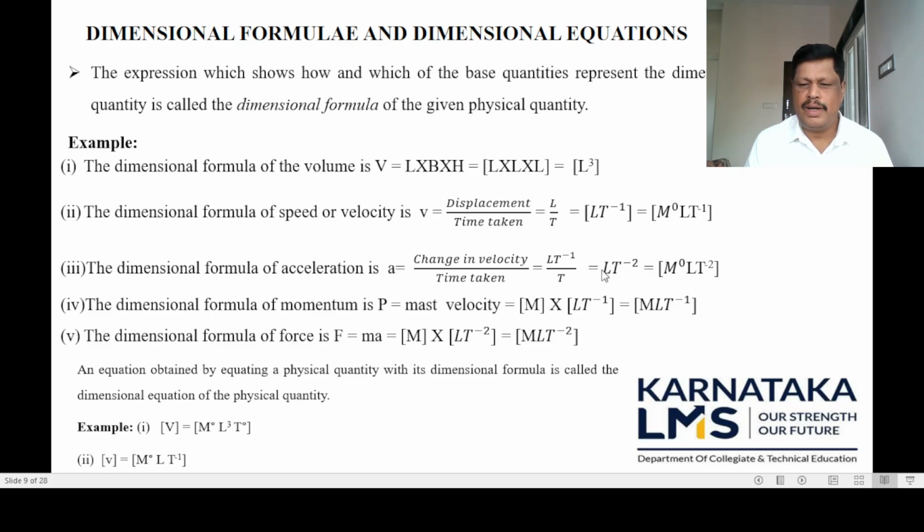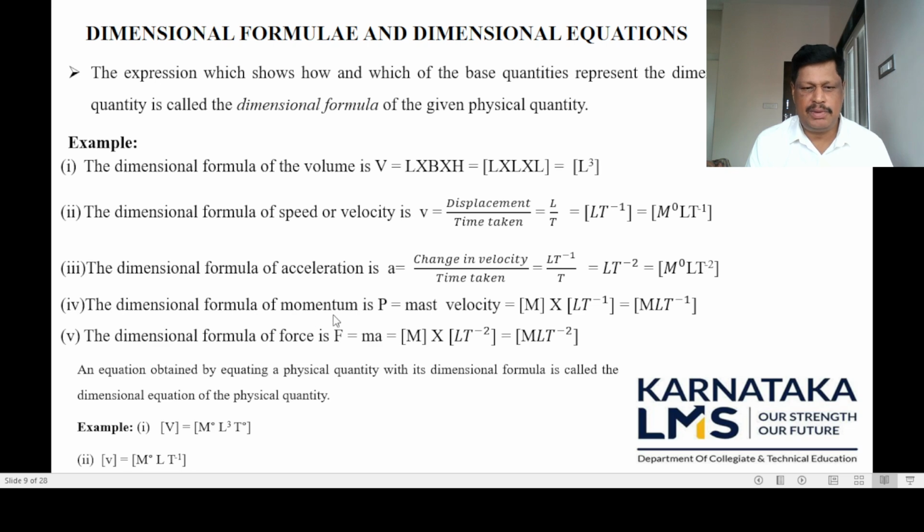All dimensional formulae are represented by M, L and T. Therefore, it can be represented by M to the power of 0, L T to the power of minus 2. So, the dimensional formula for acceleration is M power 0, L power 1, T to the power of minus 2.